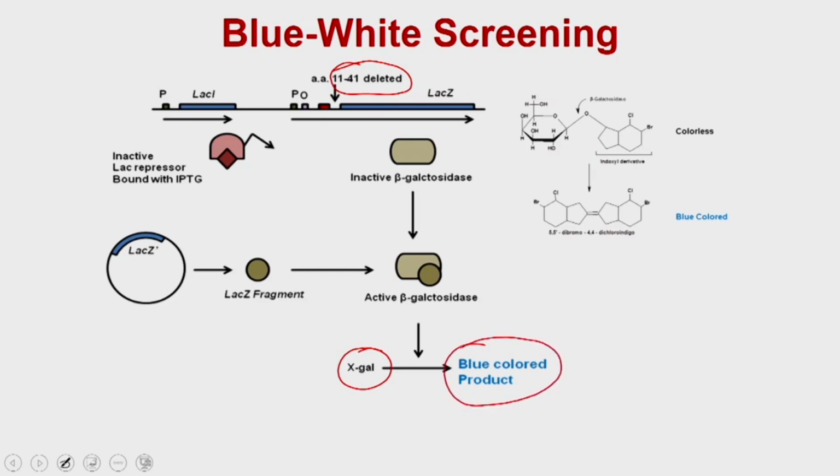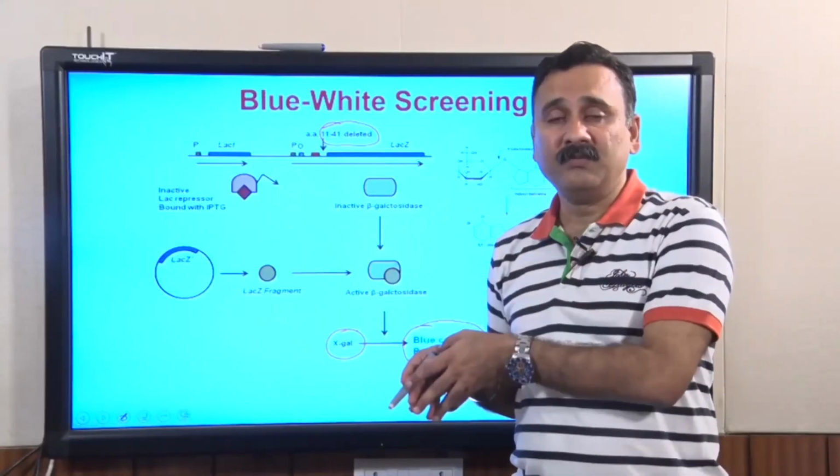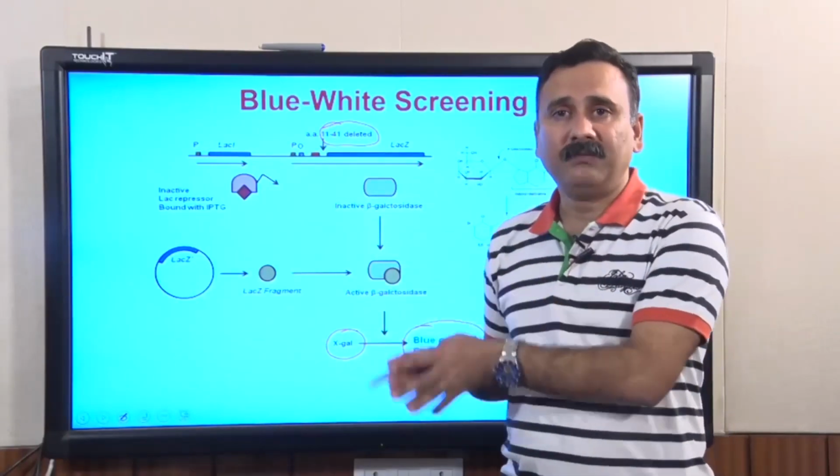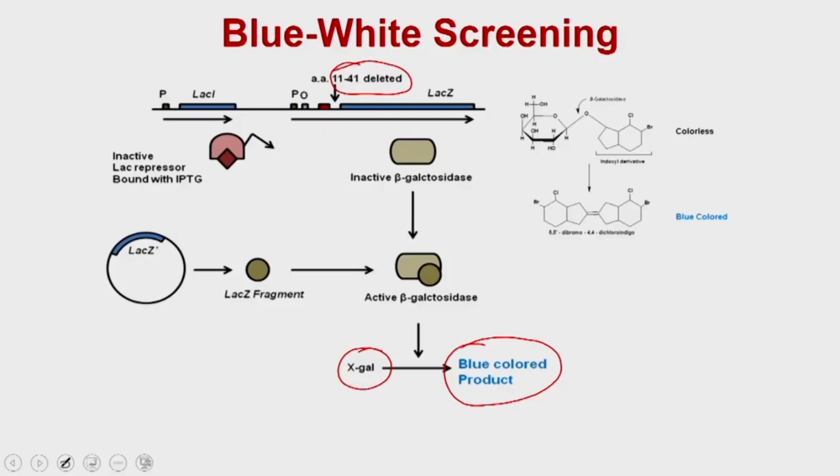Whereas if you clone a gene into the alpha peptide, the alpha peptide is not going to complement the LacZ, and because of that, if the recombinant DNA is formed and transformed into the host, it is going to produce inactive beta galactosidase, which is not going to process the X-gal to a blue colored compound.